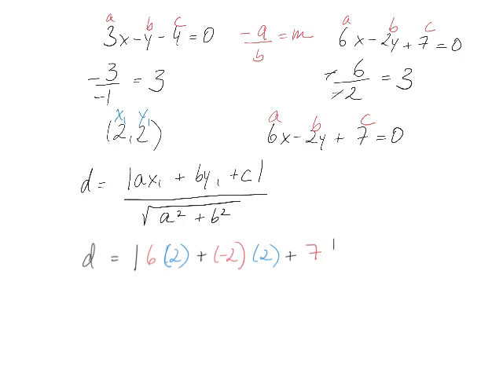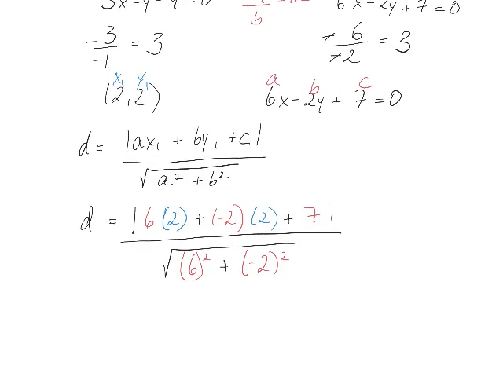Okay, we take the modulus of that and we put it over the root of a square, which is 6 squared. Remember, get used to putting that into brackets, and b, minus 2 squared. Okay, so let's calculate this.